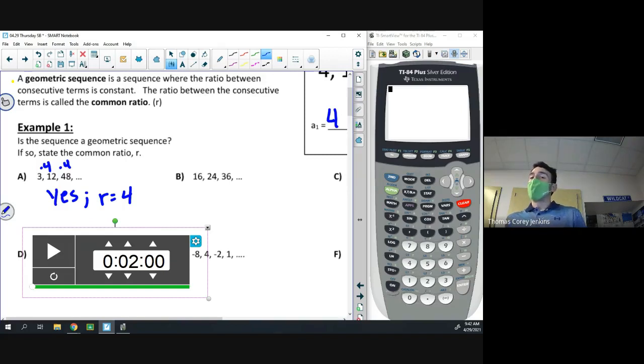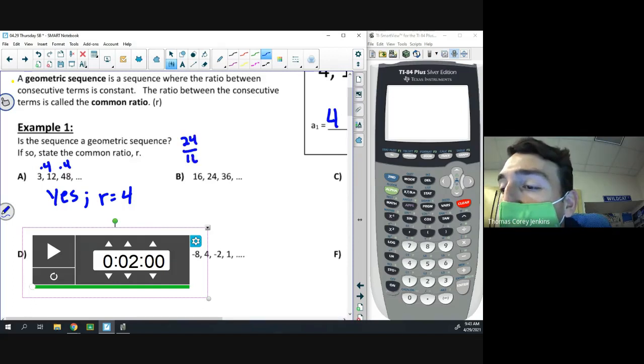All right. The next one is not so obvious, right? So we can figure it out by working backwards and doing division, okay? If this were an arithmetic sequence, we would do 24 minus 16, or 36 minus 24. Here we do divided by, right? So we're going to check what's 24 over 16.